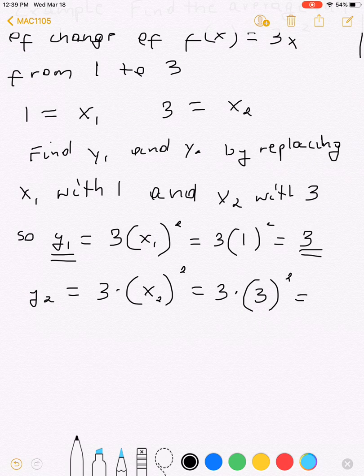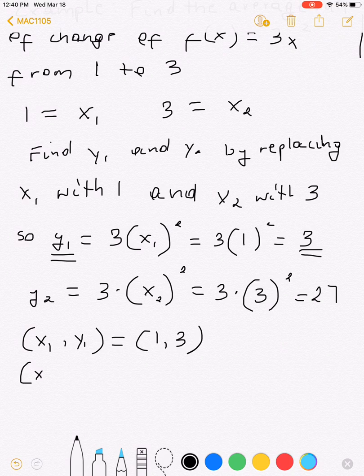So we're getting 9 times 3, which is 27. Okay, so now we have 2 points. We have x1, y1, which is the same as 1, 3, and we have x2, y2, which is 3, 27.